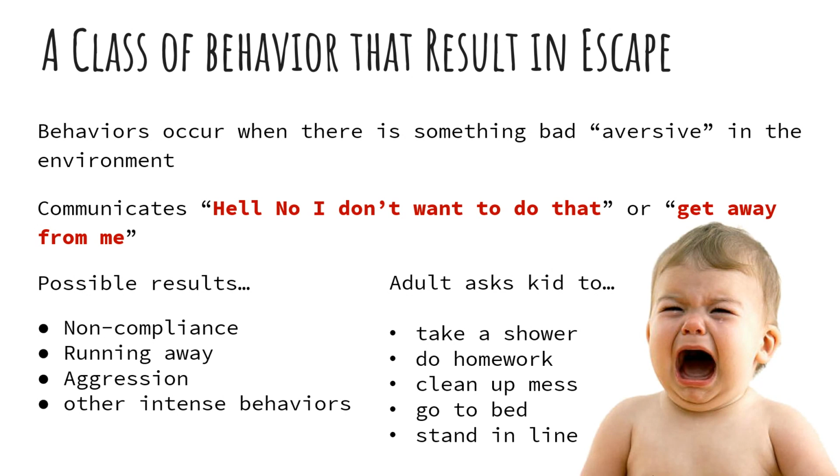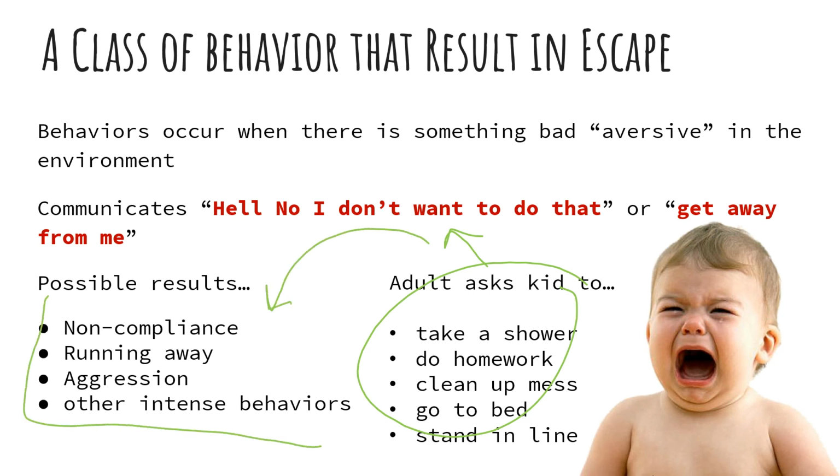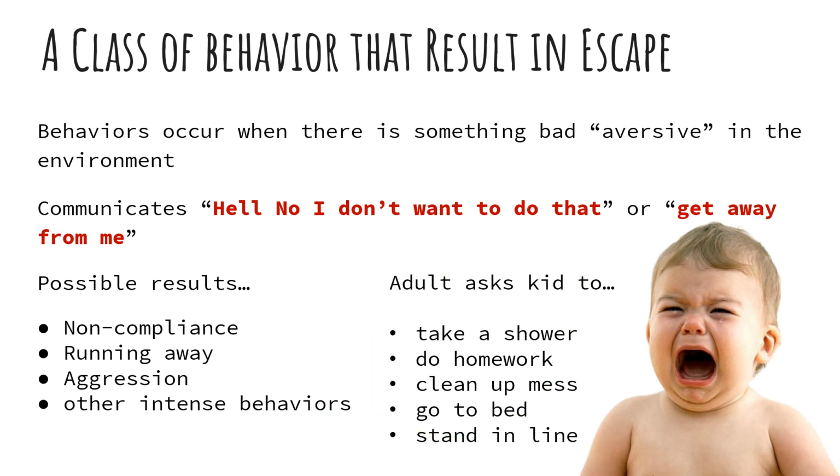So when these different antecedents are in place or different adult instructions, it could occasion the need for that person to escape, okay, or communicate to us, no, I don't want to do that. And if the client doesn't have good, appropriate communication skills, they're often going to resort to problem behavior because these are very effective in getting what you want or getting you out of something.